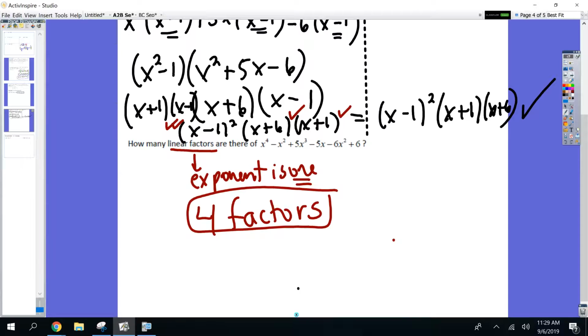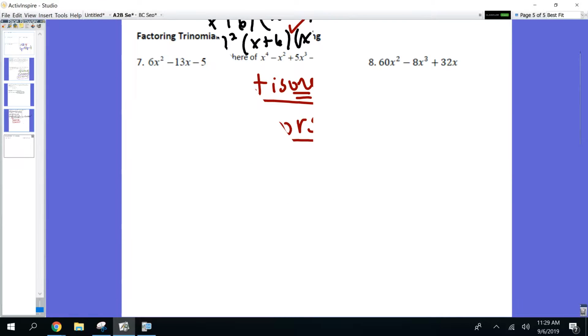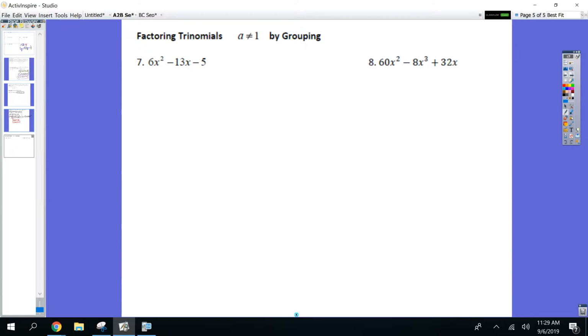I'm going to do, there's 2 problems left. I'm going to do 7, and you're going to do 8 for me. All right? Ooh, GCF here? GCF at all? No. And how many terms?